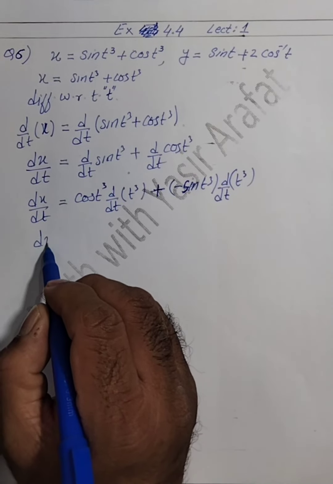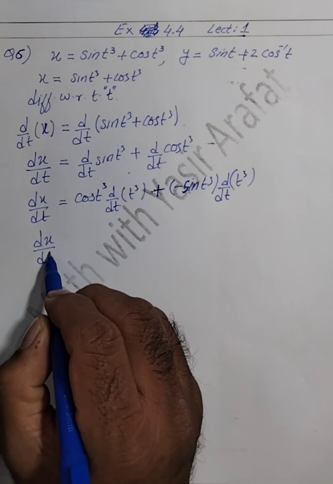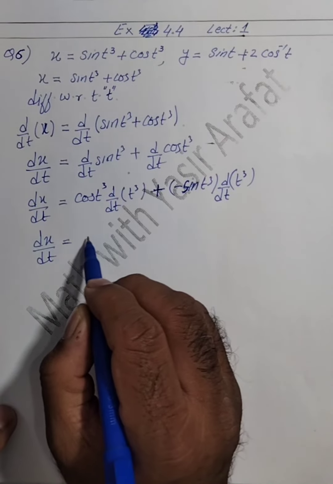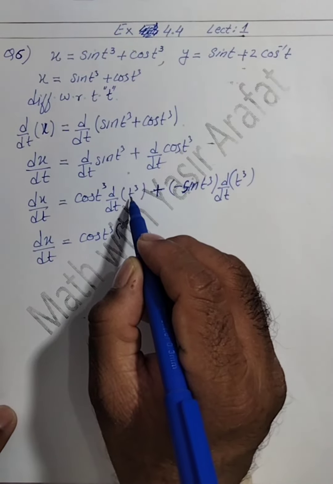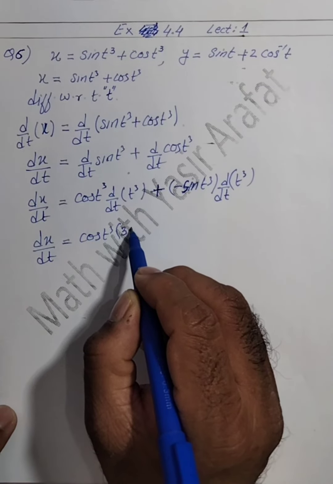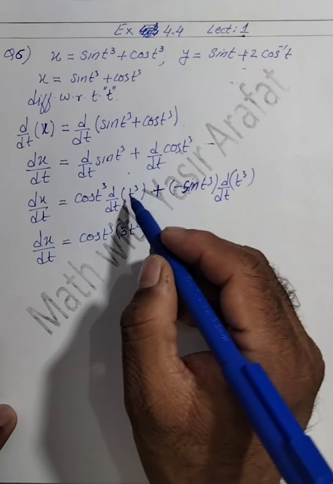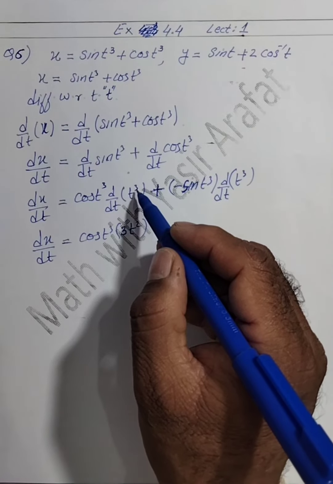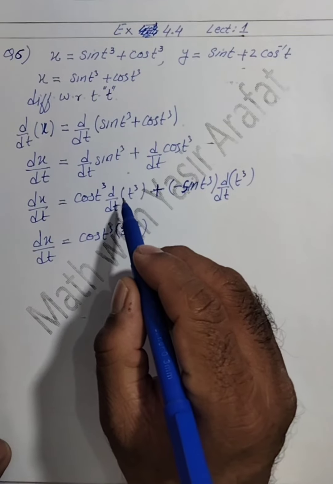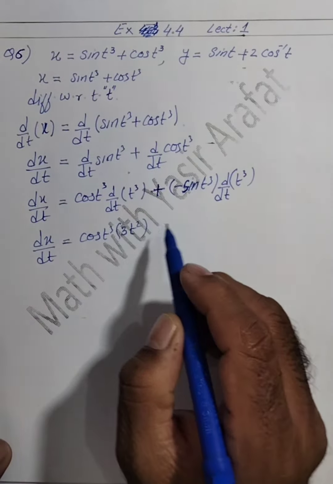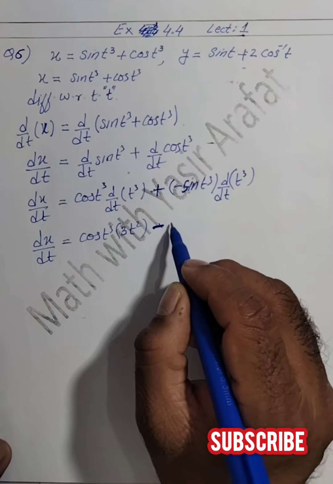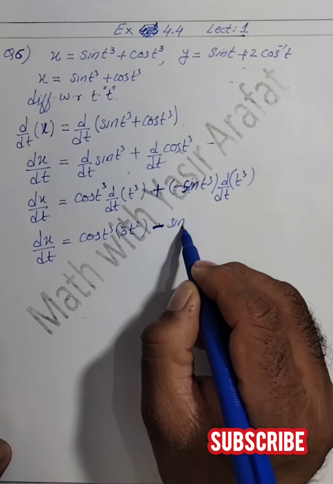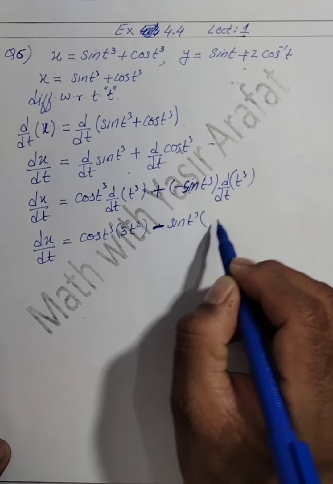So this is dx over dt, that is equal to cos t cube, and the derivative of t cube is 3t square. The coefficient will multiply with the power and decrease 1 from the power. So 3 ones are 3, 3 minus 1 is 2. So here this is plus minus minus sine t cube.